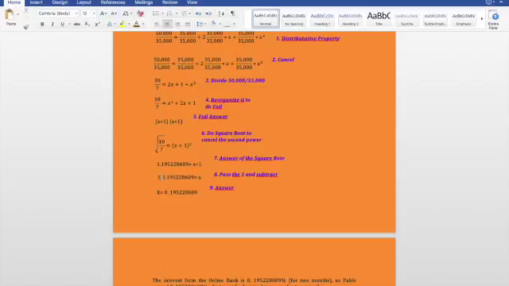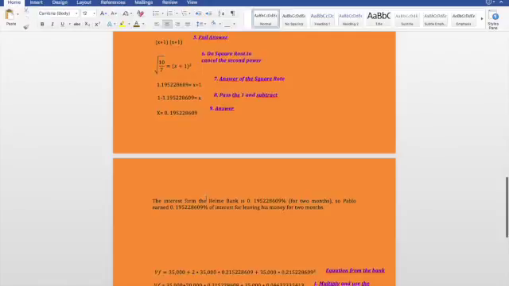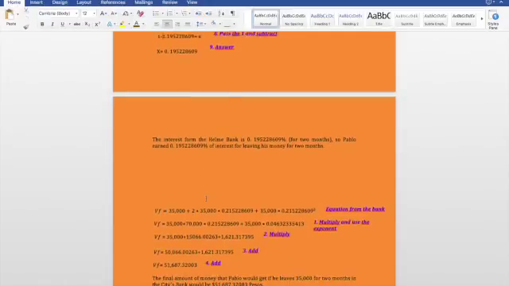So it will be 1.19, etc., minus 1, which gives 0.19 and the x. So the interest of Home Bank is 0.19522869, or about 19.5%, for 2 months. So Pablo earned this interest for leaving his money for 2 months.